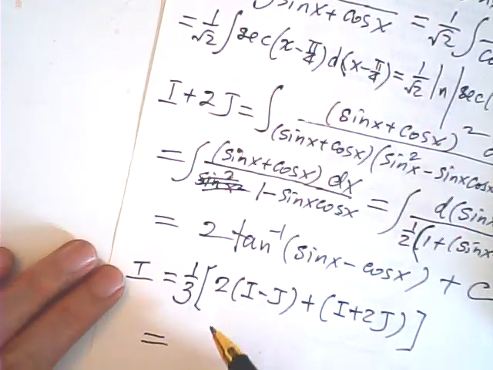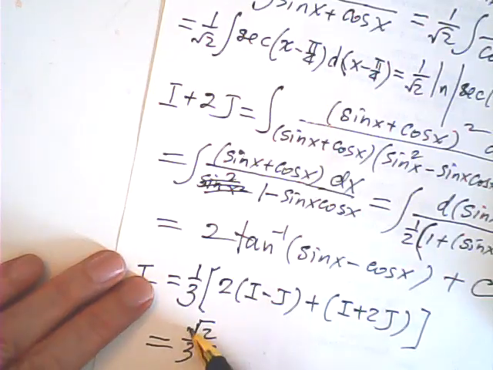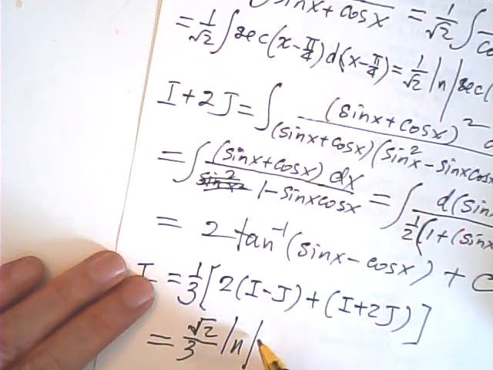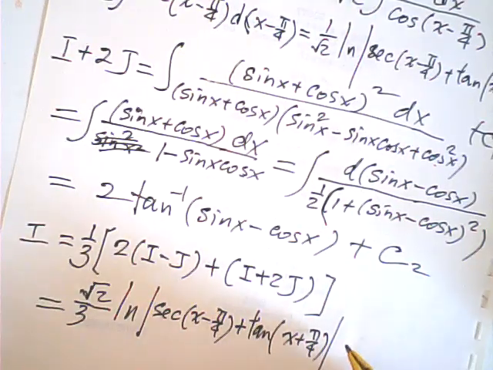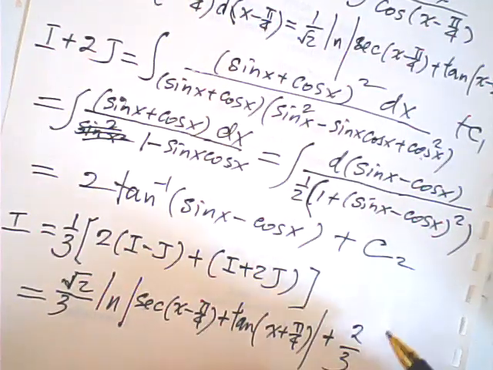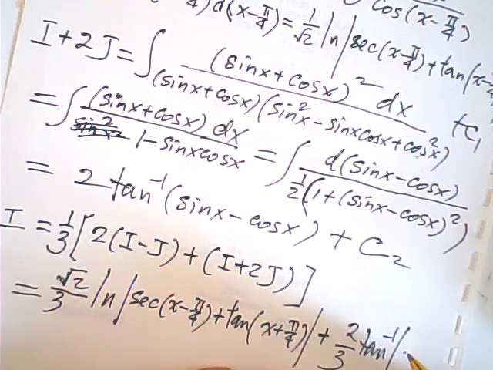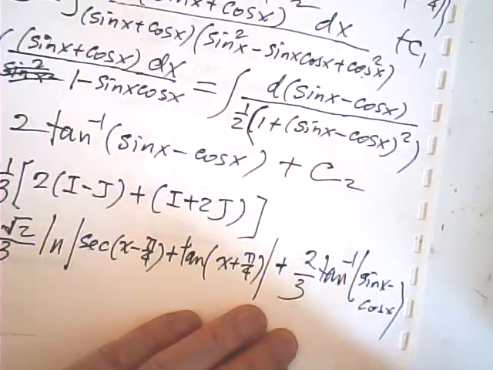So it becomes 1/3 root 2 natural log absolute value secant of x minus quarter pi plus tangent of x minus quarter pi, plus 2 over 3 arctangent of sine x minus cosine x plus big C.